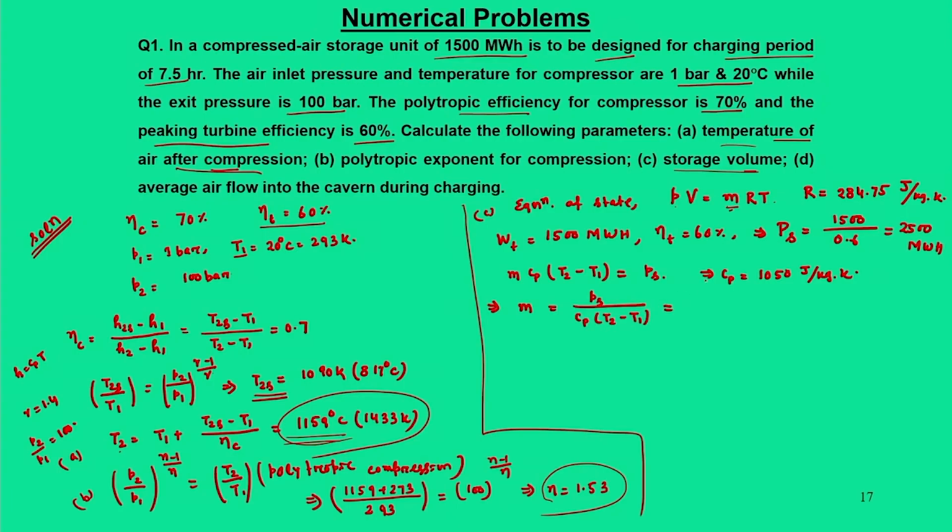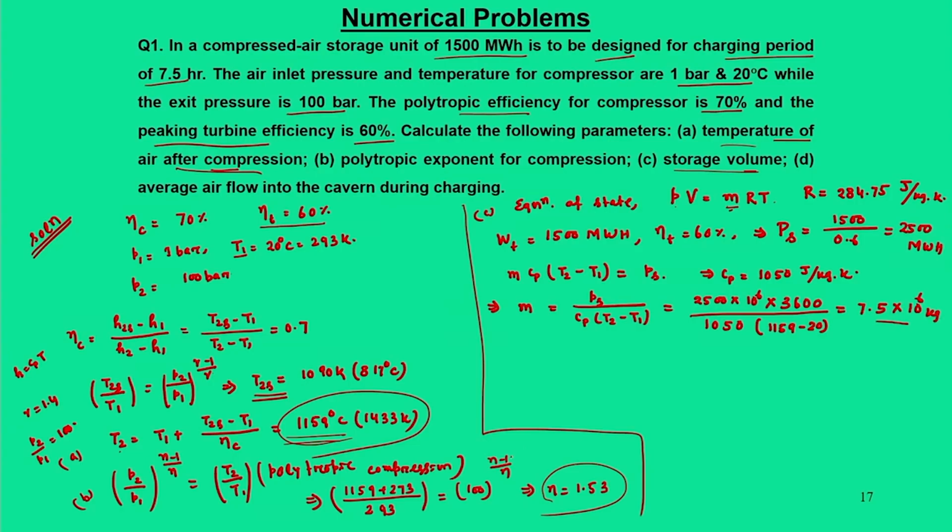PS is in megawatt hour, so we have to convert it: 2500 into 10 to the power 6 into 3600, since hour has to be in seconds, divided by Cp as 1050 and (T2 minus T1) as 1159 minus 20. So, this gives you the mass of air requirement, 7.5 into 10 to the power 6 kg.